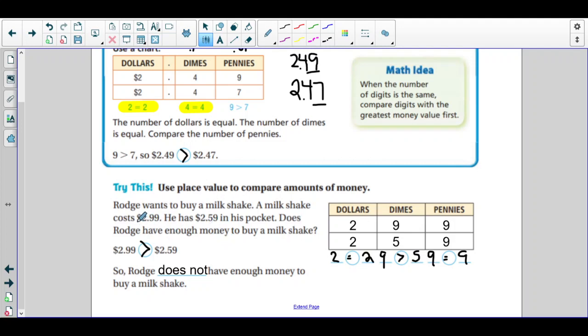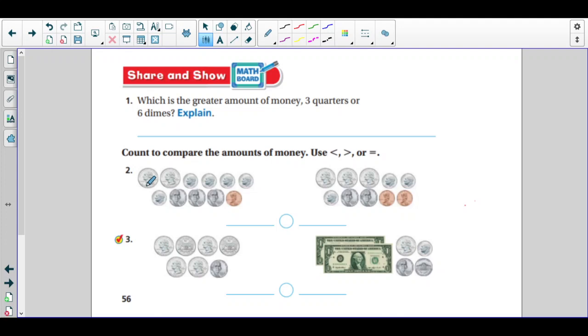And because it's with the cost of the milkshake, all right, he would have to have more than $2.99, or exactly $2.99, to be able to buy the milkshake. So let's go ahead and get ready to pause and do the show and share portion here, and then unpause, and we'll see what you came up with.